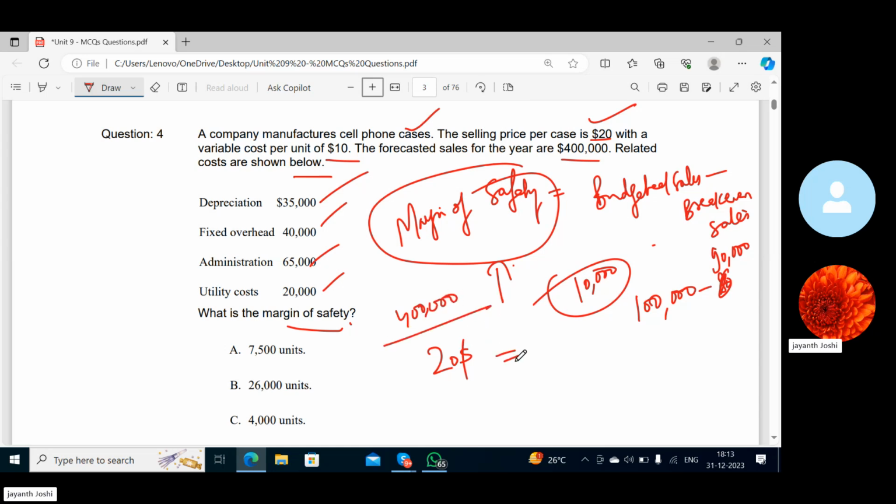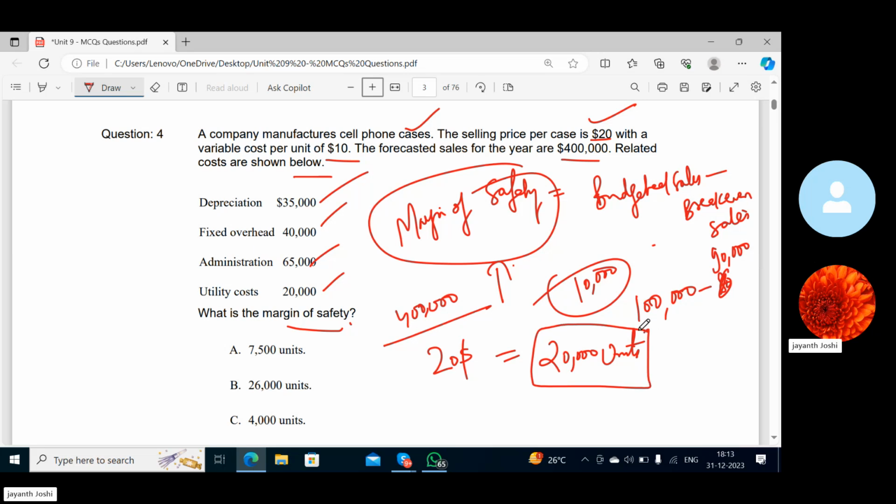Divide. 20,000 units, right? This is the forecasted or budgeted sales, and this is the selling price per unit. So the budgeted number of units you need to sell is 20,000.